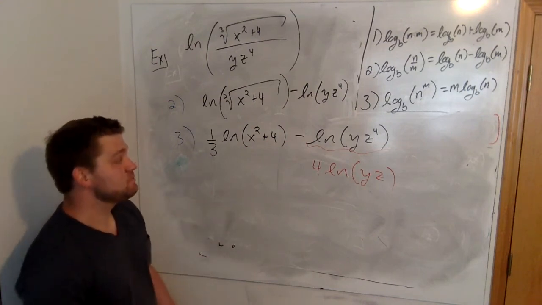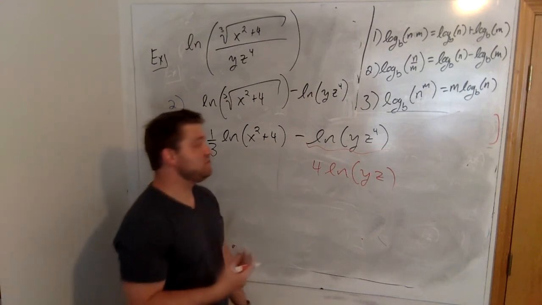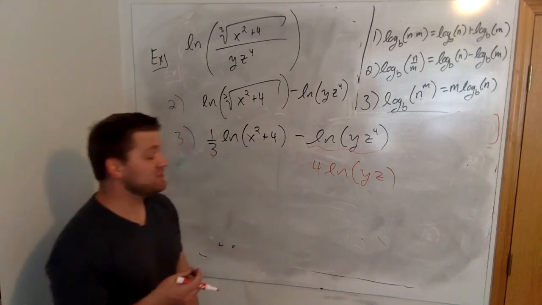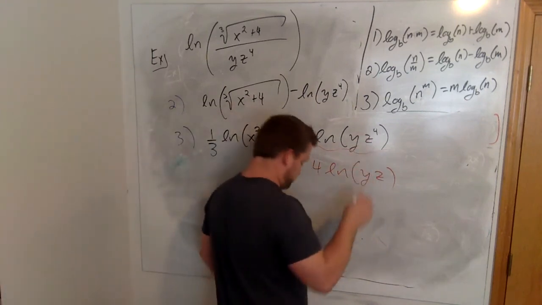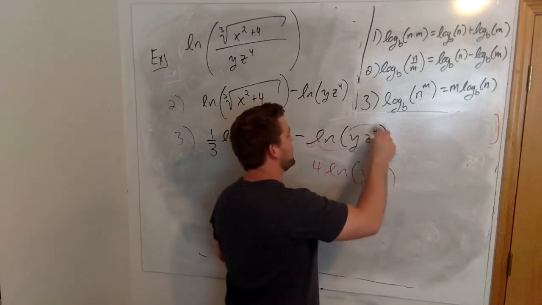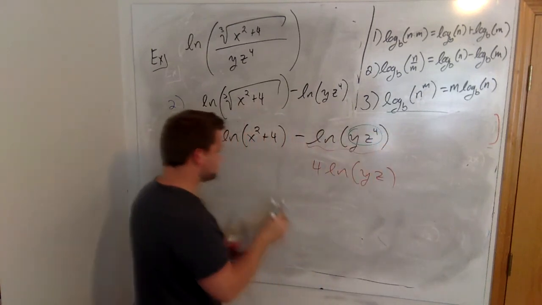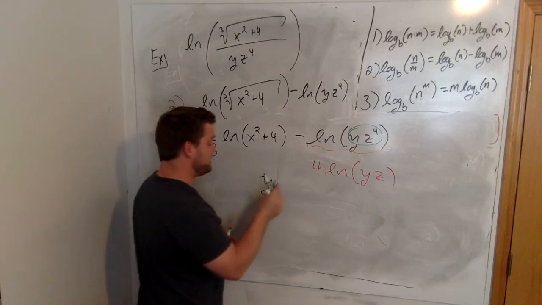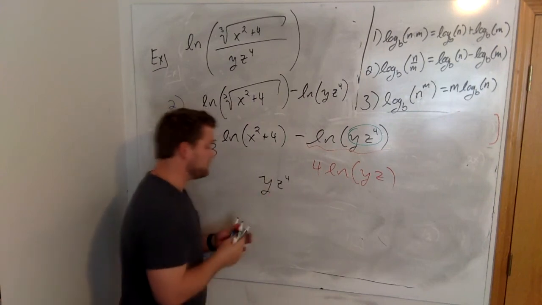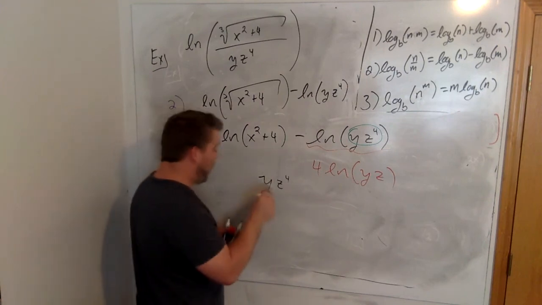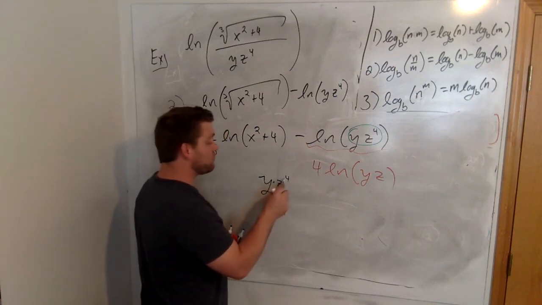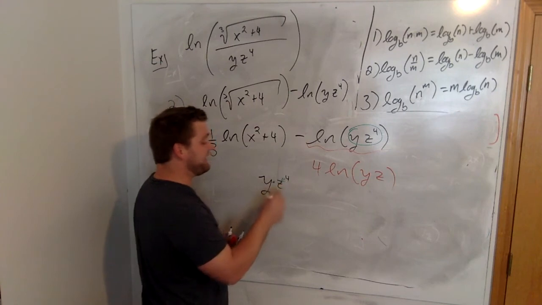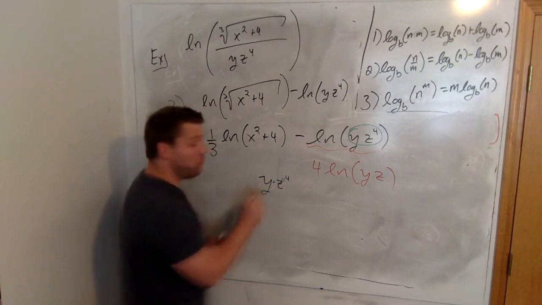The answer is we have to remember a convention with exponents. Exponents only act on what's directly next to them. Inside this parenthesis, this is saying y times z to the 4th, so the 4 is only hitting the z and not the y.